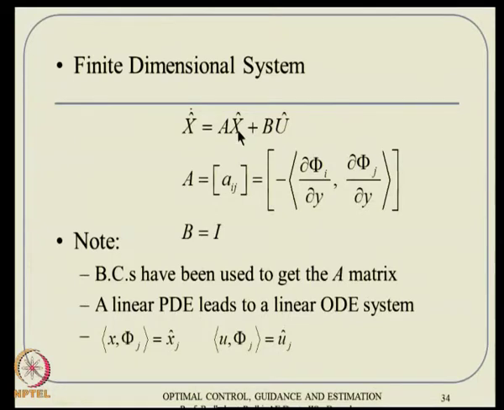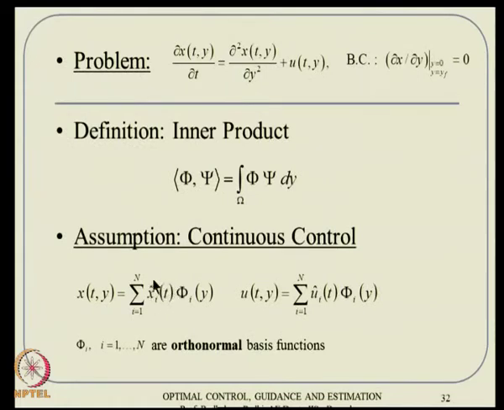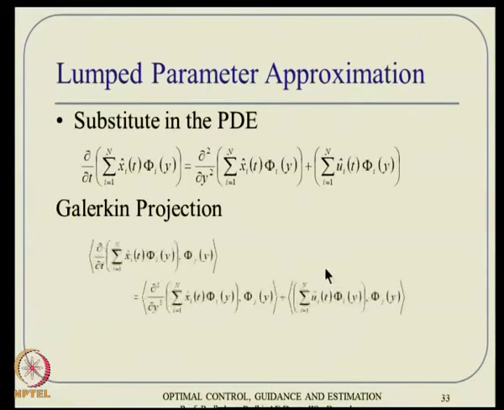These components, x1 hat, x2 hat and so on, will sit here, and once everything is known, you put it back in this formula and get x of t and y, and similarly for the control. Individually they represent the magnitude that goes along with that basis function. That is the meaning of these time-varying numbers.